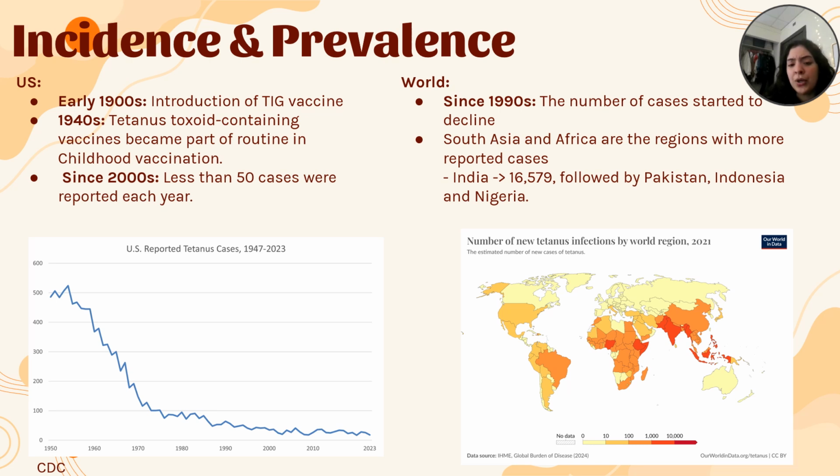So now going to the world, it had a similar decreased trend, like in the United States in the 1990s. However, the disease is still predominant in regions like South Asia and Africa, where there are more agricultural regions and warm weathers, which is where tetanus likes to chill in those kinds of environments.